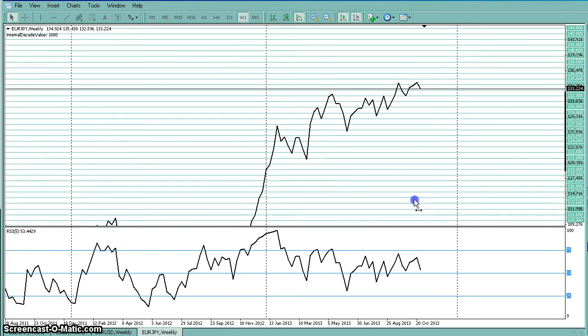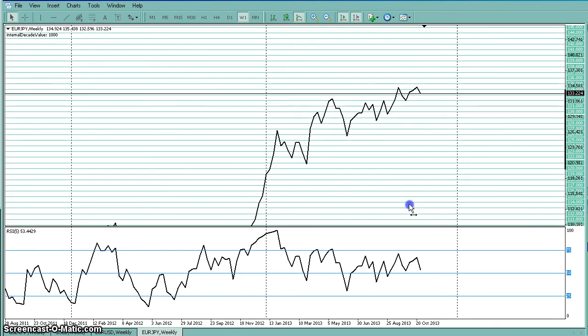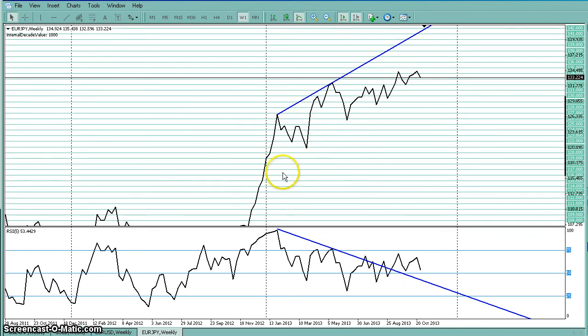Just anywhere on this chart, there's a bunch of divergences that failed miserably, and if you were selling into that thinking, what a great divergence, oh my god, the market's going to collapse, you just keep getting annihilated. It is a divergence, but Cardwell would say if it fails, it's really just a detour.